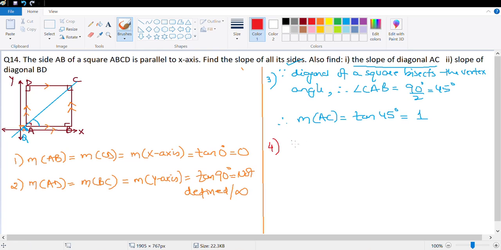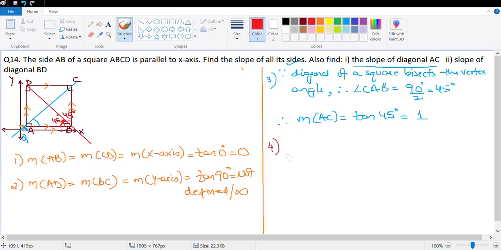Again, diagonal BD bisects the vertex angle, which means this angle here is 45 degree, and this angle here is 45 degree. When I look at the slope, and I'm looking at it this time from the clockwise direction, then we are looking at an angle of negative 45 degree.